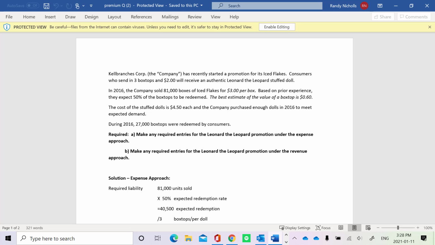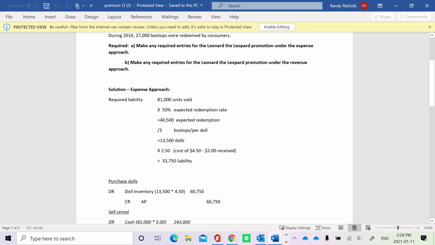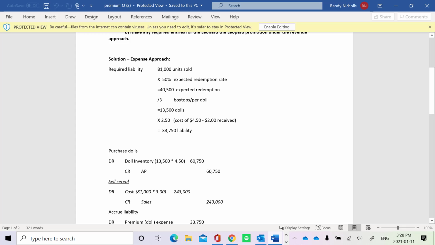So this is box tops. And if you read through, customer sends in some box tops and a couple of bucks and they get a doll. Again, I think the key thing in your logic here is just understand you need to match everything and record all your expected expenses.